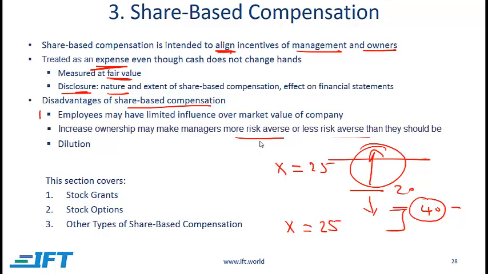Either the managers might be more risk averse than necessary, or they might be less risk averse than they should be. And the final obvious point is dilution. When management is getting shares, the number of shares outstanding goes up, so EPS comes down and also the ownership gets diluted.